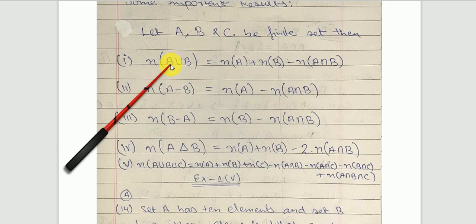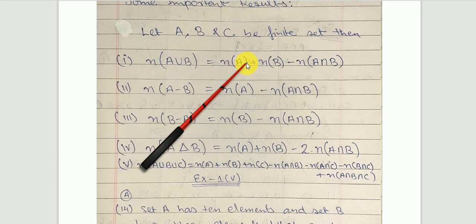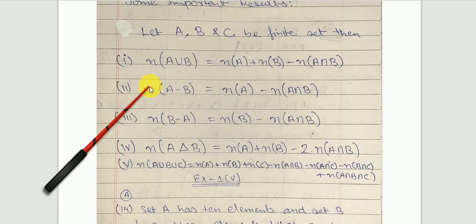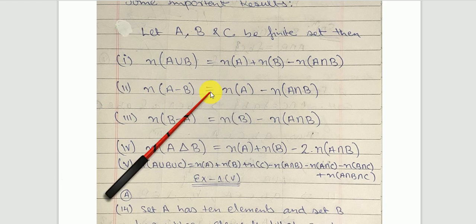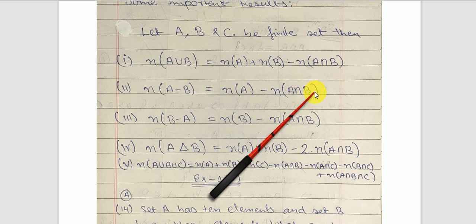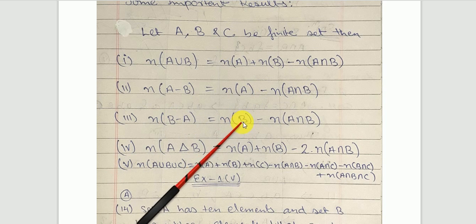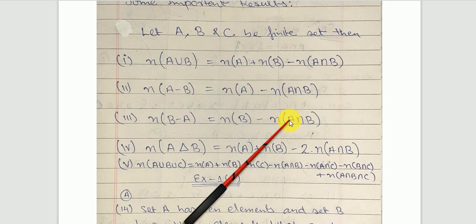Then number of elements in A union B will be given as number of elements in A plus number of elements in B minus number of elements in A intersection B. Number of elements in A minus B will be given as number of elements in A minus number of elements in A intersection B. Number of elements lying in the set B minus A will be equal to number of elements in B minus number of elements in A intersection B. Number of elements in symmetric difference of A and B will be number of elements in A plus number of elements in B minus 2 times number of elements in A intersection B. And number of elements in A union B union C will be given as this.